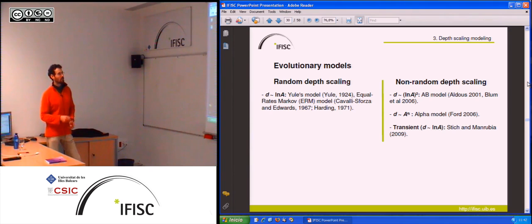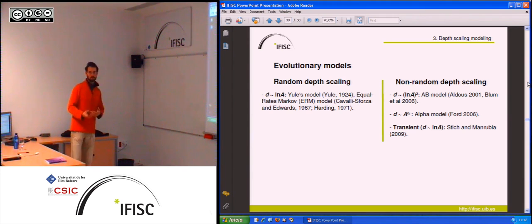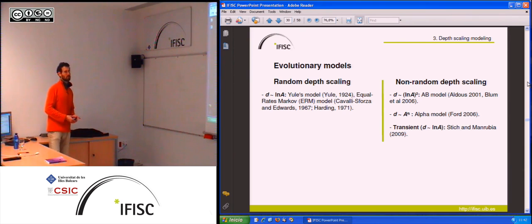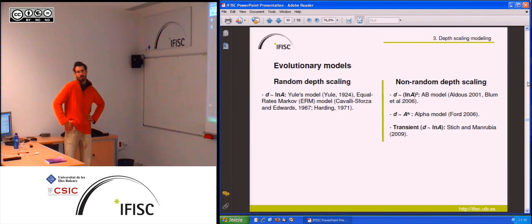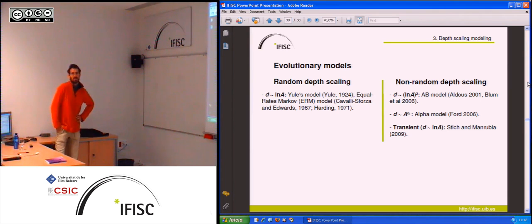The problem is that those models don't have any biological mechanism that could explain the scaling exponent. So that's why I think more about this behavior and explanation, but we have to work more in that direction, because the fitting for this is what you said.